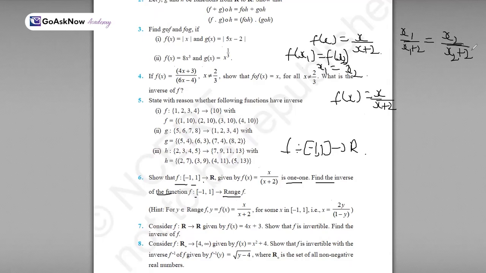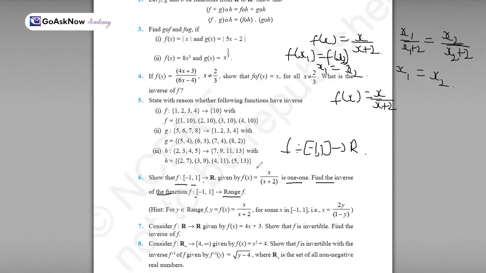Okay, so after simplifying it, what will you get? If x1 by x1 plus 2 is equal to x2 by x2 plus 2, then it is showing here that x1 should be equal to x2. Why?